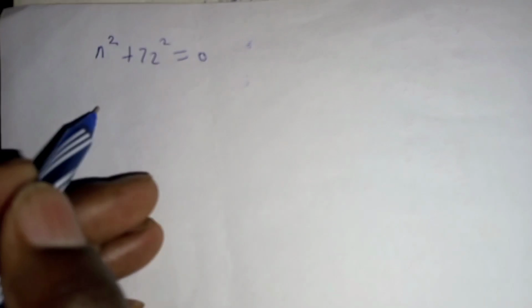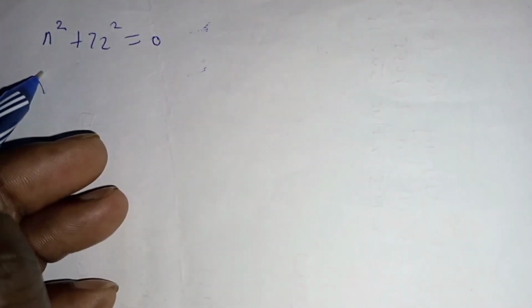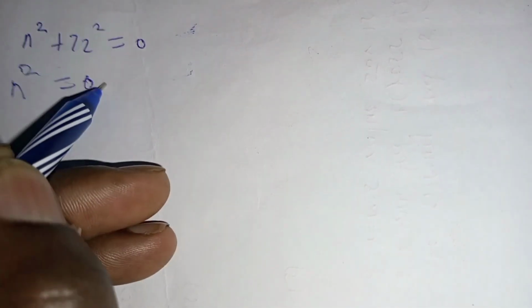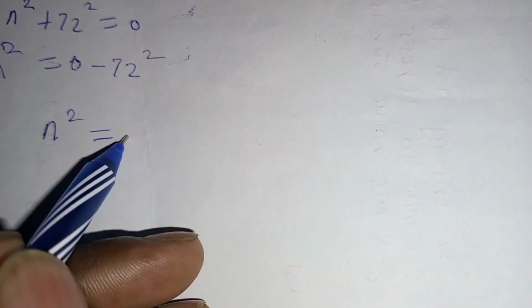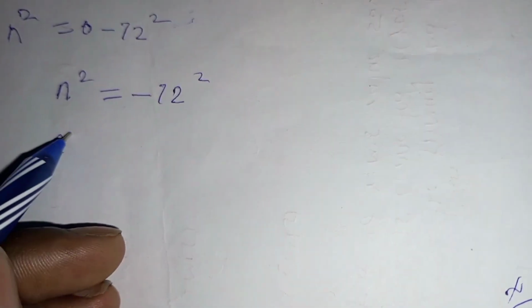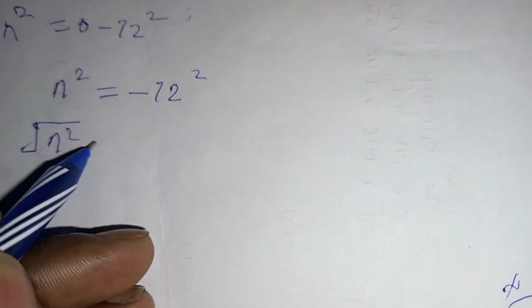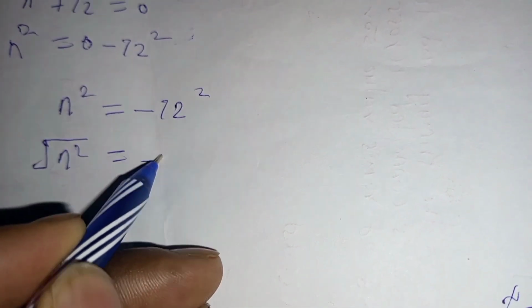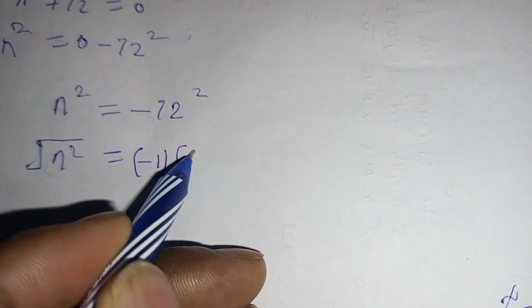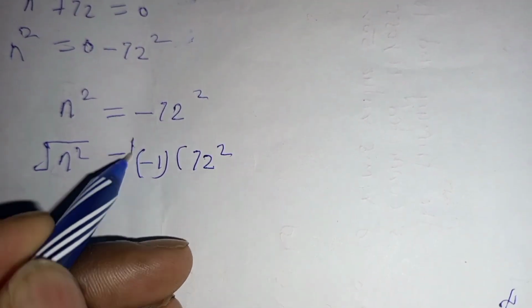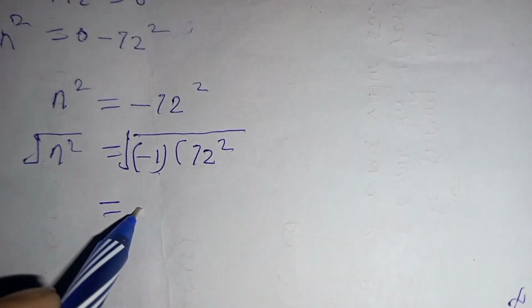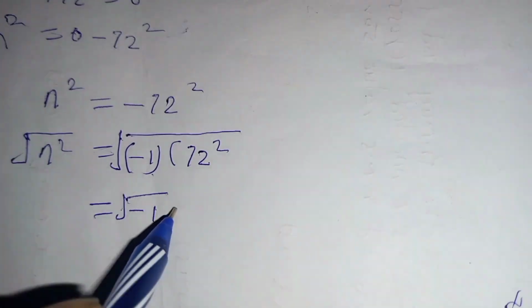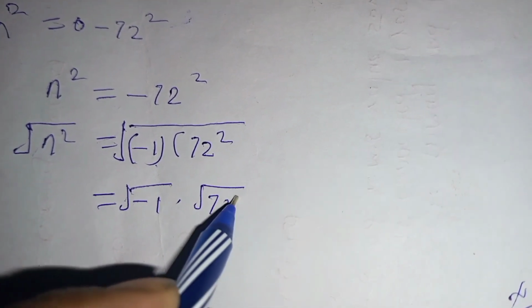We can now subtract 72 squared, both the signs, so that we shall have 0 minus 72 squared. So n squared is equal to negative 72 squared. The objective is to obtain the value of n, so we take square root on the left hand side and the square root on the right hand side, noting that we can separate negative with 72, so that we shall be having square root of negative 1 multiplied by square root of 72 squared.